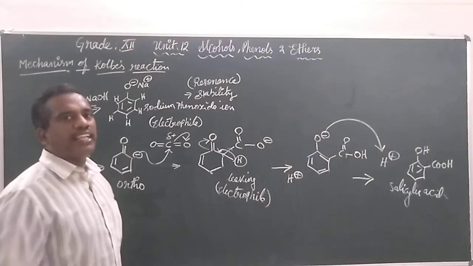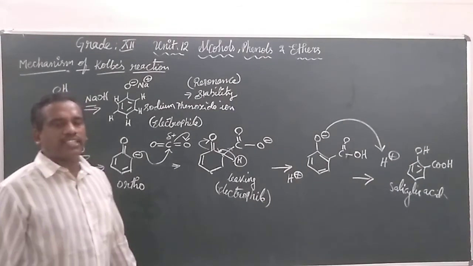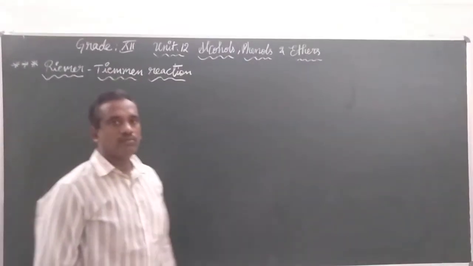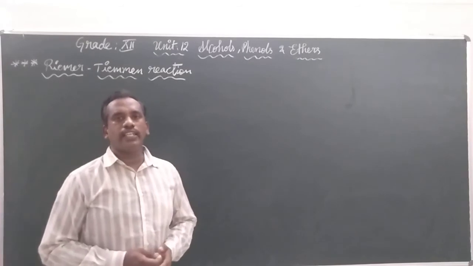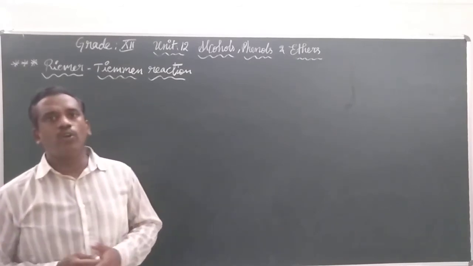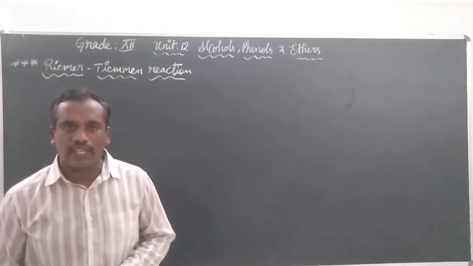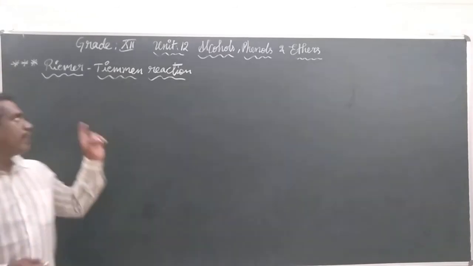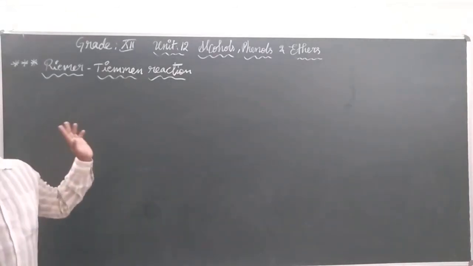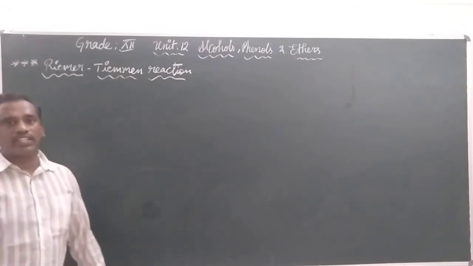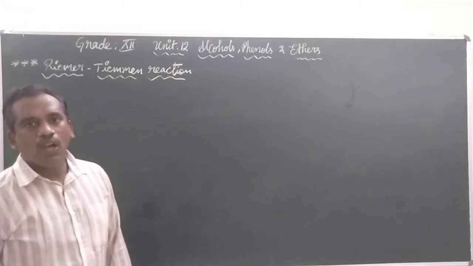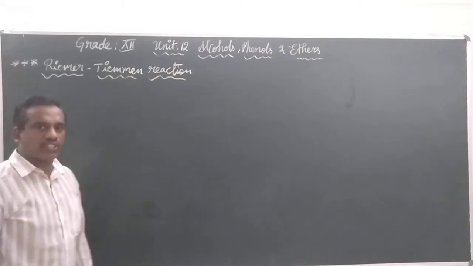So let us see the next most important reaction now. Let us see the next very important named reaction, children. This is called the Reimer-Tiemann reaction. What is the Reimer-Tiemann reaction?